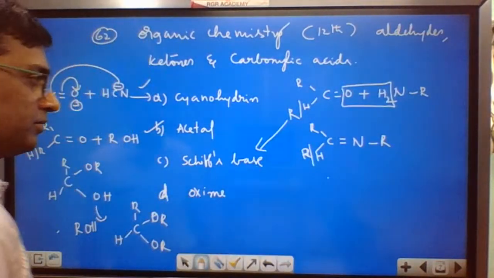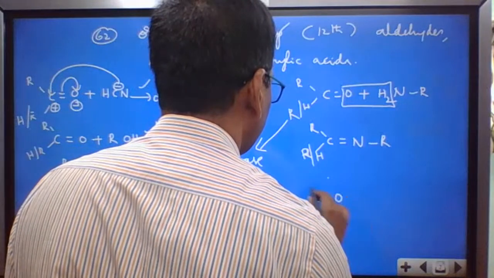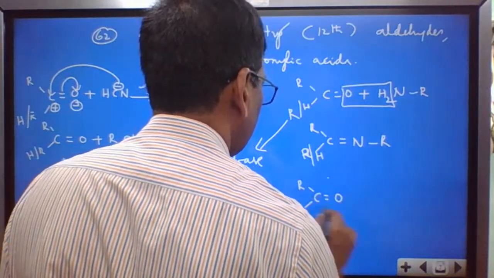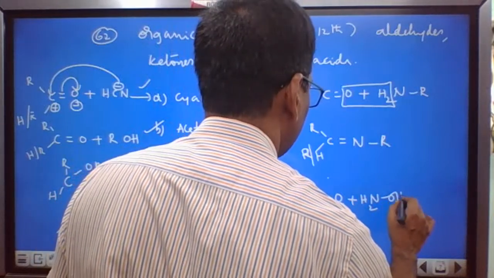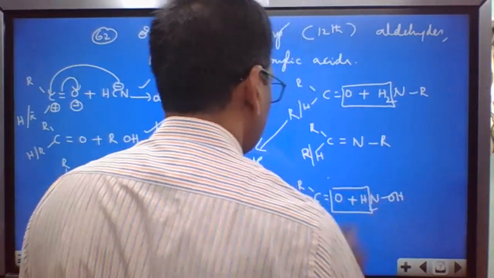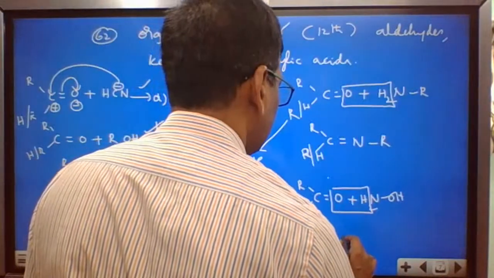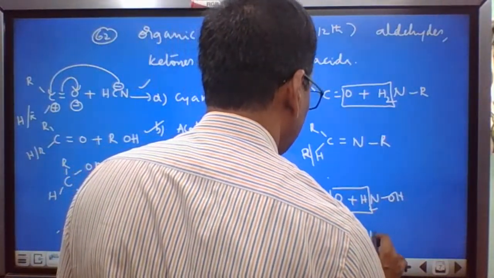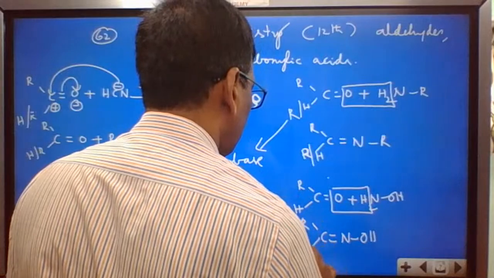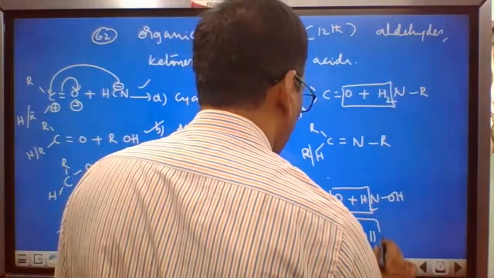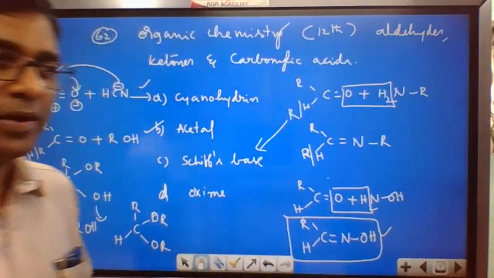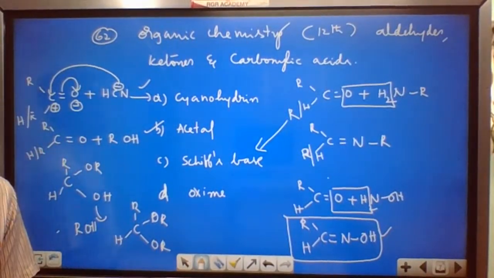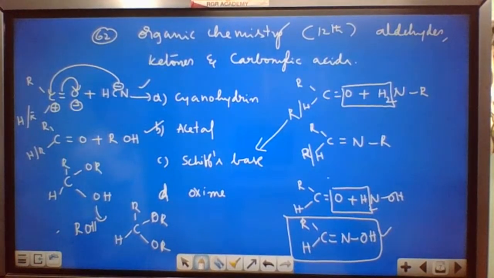Then oxime. When aldehydes or ketones are treated with hydroxylamine, water is eliminated. Nucleophilic addition followed by elimination. This is what you call oxime. We already discussed that oximes exhibit syn-anti isomerism.